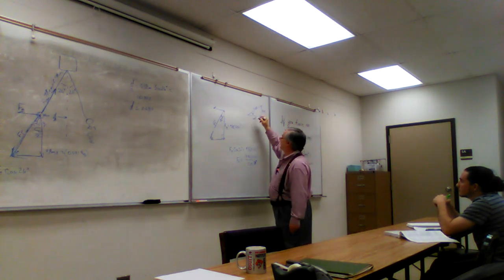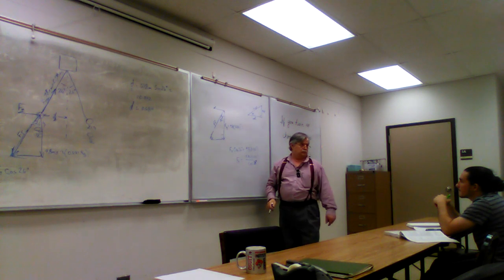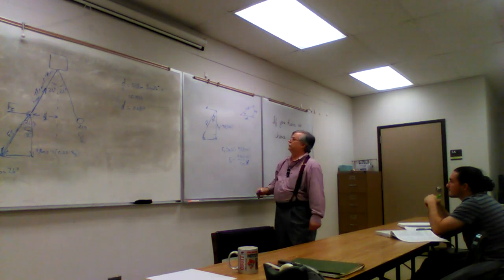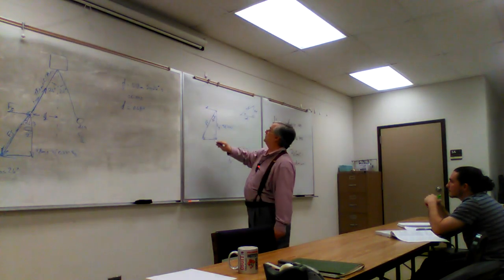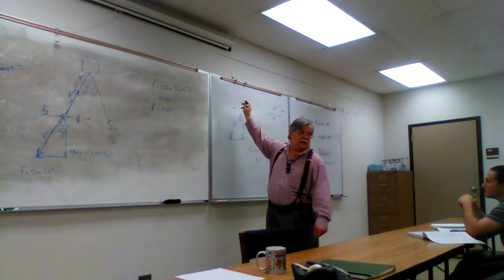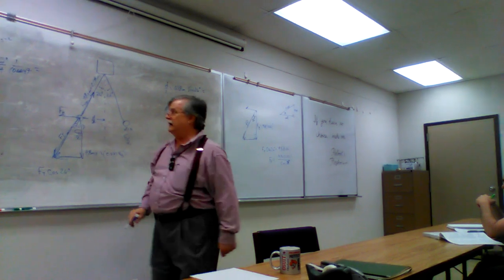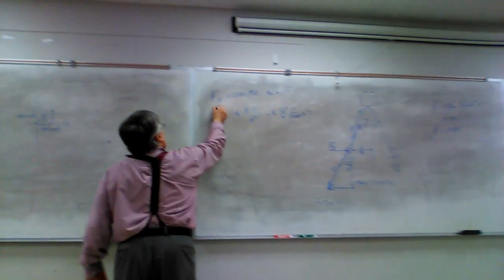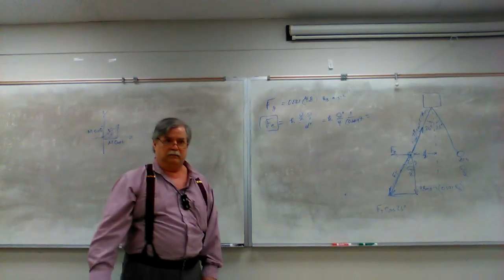The hypotenuse times the cosine gives you the adjacent. We need the sine since we're looking for the opposite right now. Well, we've got this magnitude. We want to know this vector. This is the one we need a number for. Because once we know that magnitude, we can plug it in here and solve.